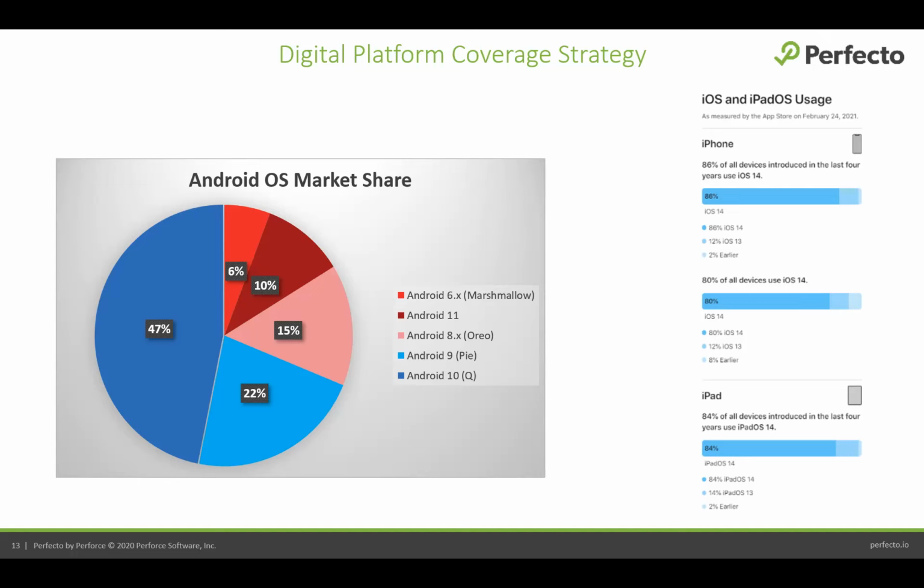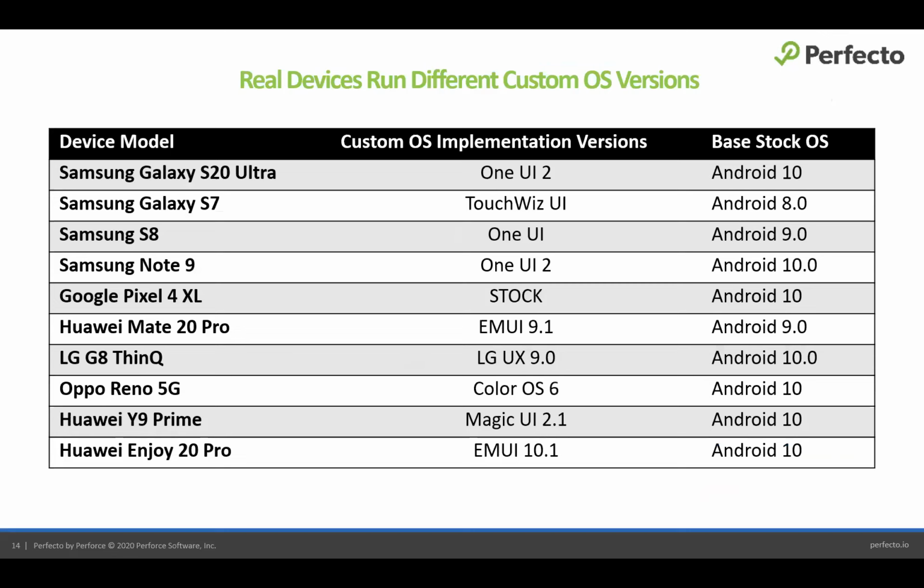iOS 15 is just around the corner, which is also going to disrupt the market. And by the way, it's not just the custom OS. Each device manufacturer is actually customizing their operating system. So when you are testing a Samsung S20, which runs on Android 10, it's not really Android 10, it's actually One UI 2.